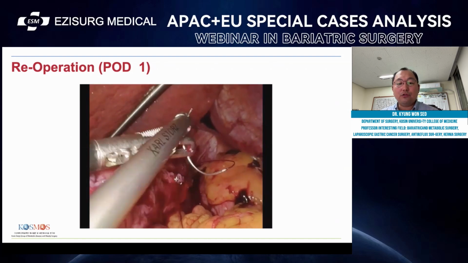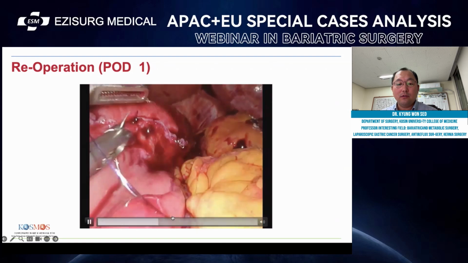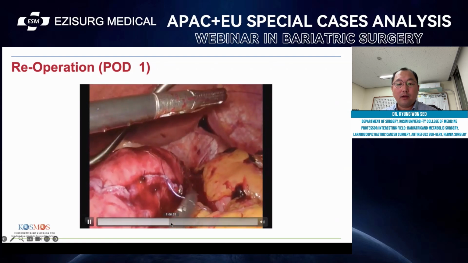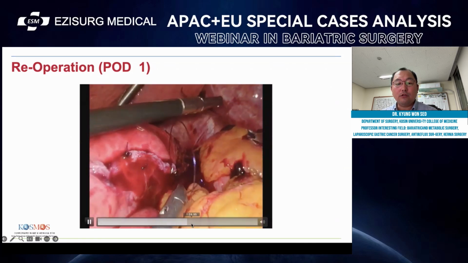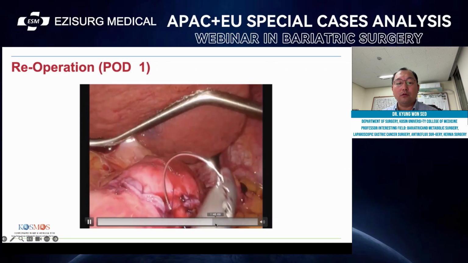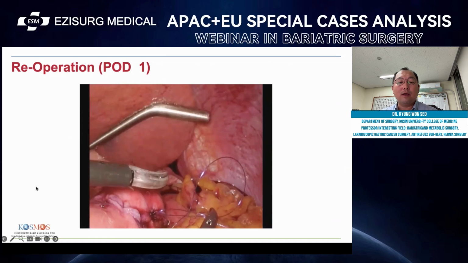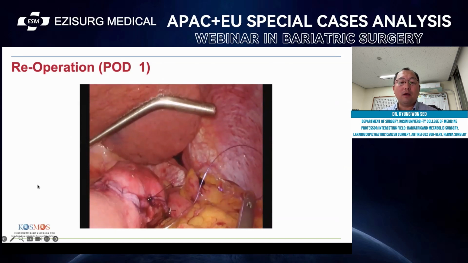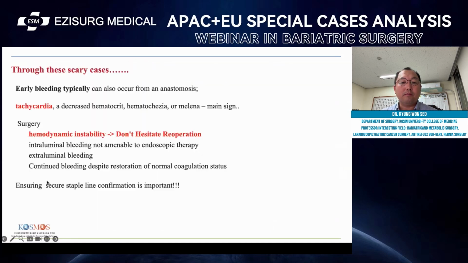And we use suturing at the bleeding point like this. Suturing was performed at 3 or 4 points of bleeding, and we can achieve complete bleeding control in this laparoscopic procedure.